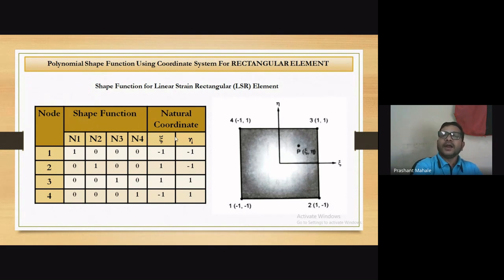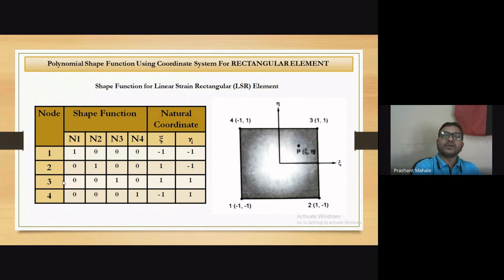And the last column is about natural coordinates. In natural coordinates, we have zeta and eta, 2 directions, and whatever coordinates we use for node 1, as you can see, -1, -1, is written here. For node 2, node 3, node 4, their coordinates. So these last 2 columns are clear.